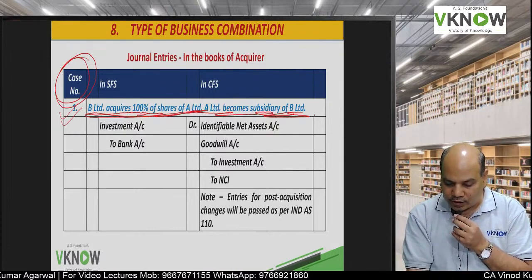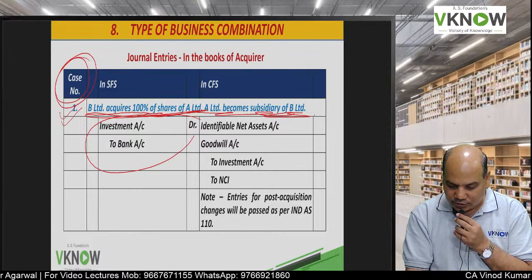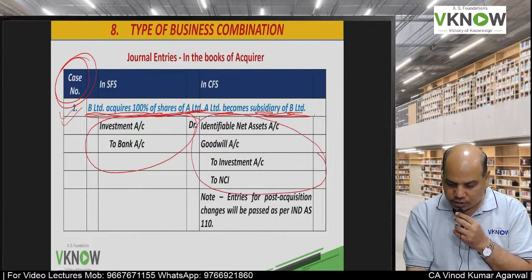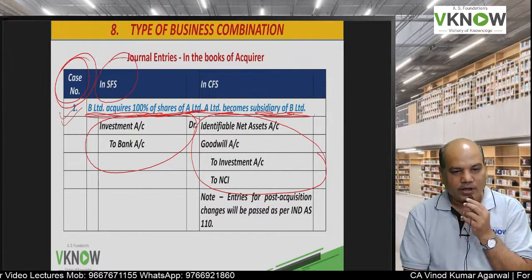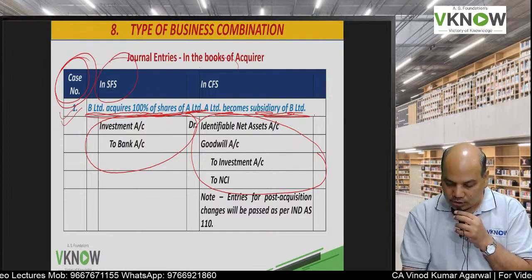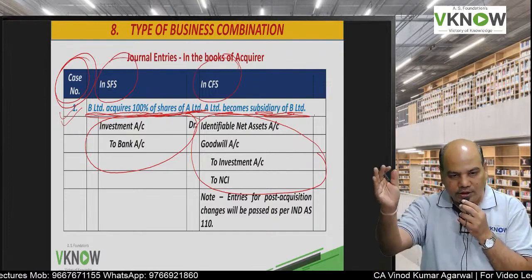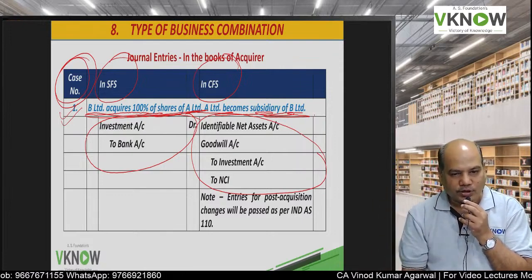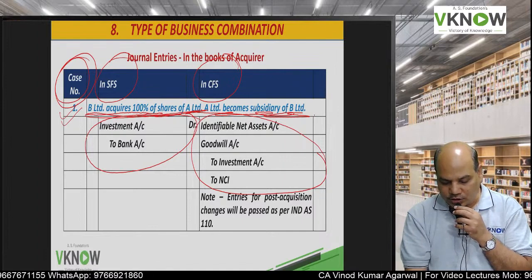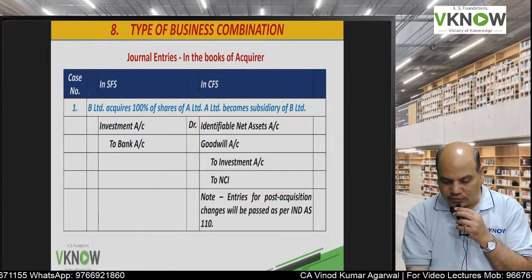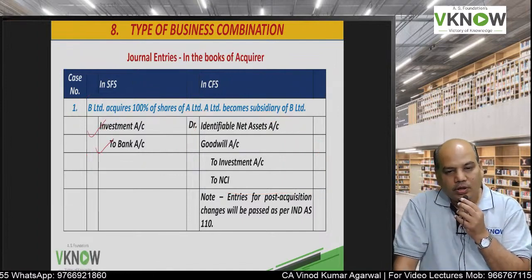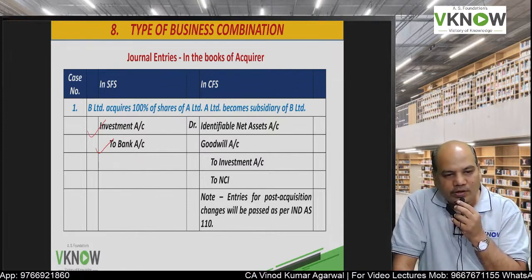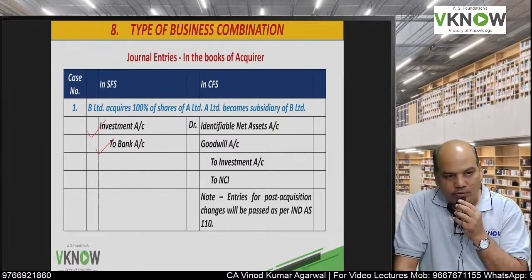Then you will find there are 2 entries, one on the left side, one on the right side. On the left side, the entry is in the separate financial statement, and on the right side, the entry is in the consolidated financial statement on the date of acquisition. So in separate financial statement, if you acquire shares in a subsidiary, then you just pass the entry investment account debit to bank account.